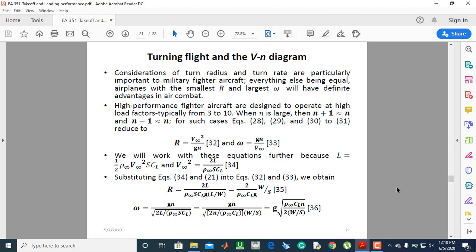So, consideration of turn radius and turn rates are particularly important for fighter aircraft, that is military. So everything else being equal, an aircraft with the smallest turn radius and the largest turn rate will have definite advantages in combat. That's why right now, like this, the Sukhoi 57, Russian made, and there's the F-15, which is an American made aircraft made by Lockheed Martin.